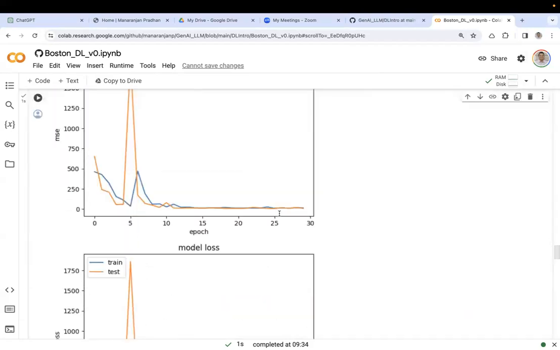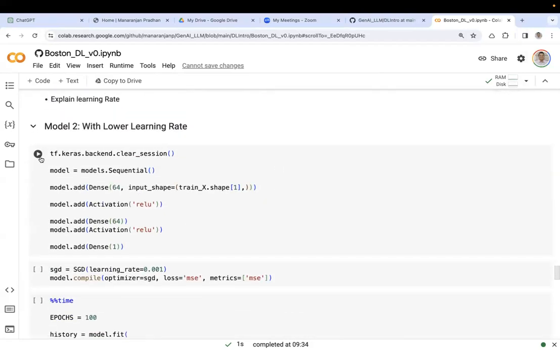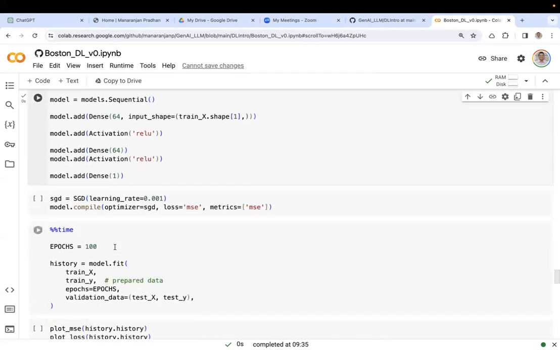So for the next one, I am going to build the same model: 64 neurons in the hidden layer, ReLU, 64 neurons in the hidden layer, ReLU. And then here I am initializing SGD with a learning rate of 0.001. Typically I think it's 0.1 or something, but I'm going to say, okay, let's take a very small learning rate.